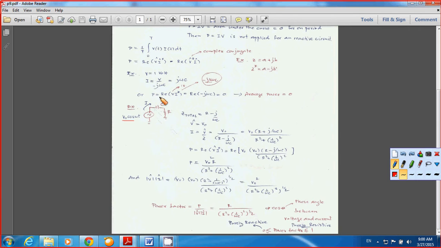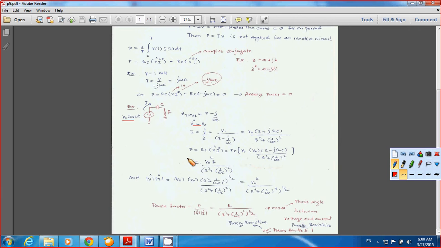When you find the total impedance of the whole circuit here, it just becomes R minus j over omega C. This is the impedance of the capacitor, and V cap becomes V0, and you can find the current flowing through the circuit equal to V0 over Z total. So you simply divide V0 by R minus j over omega C, and you rearrange the terms here.